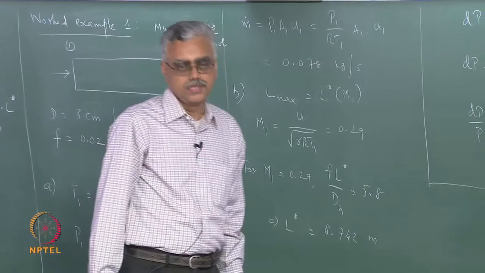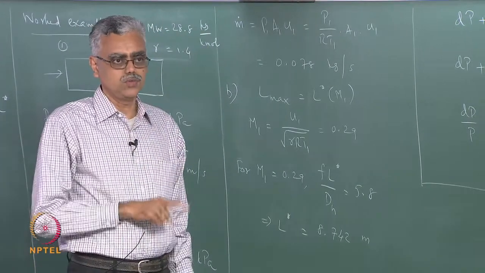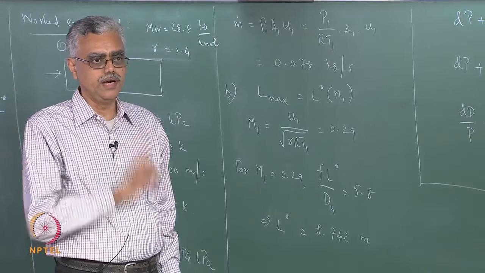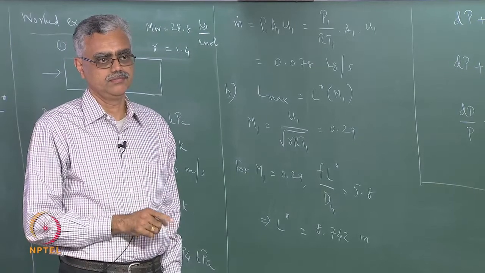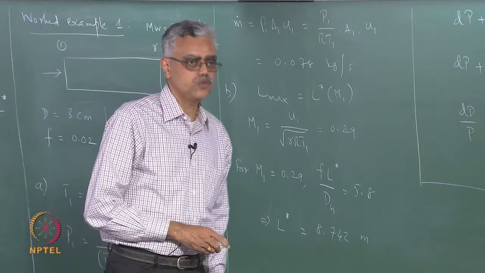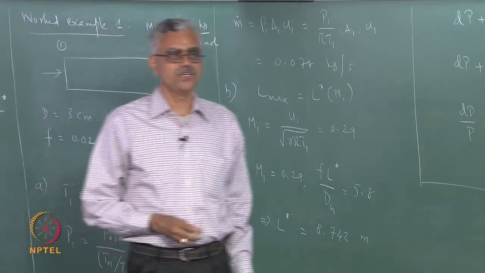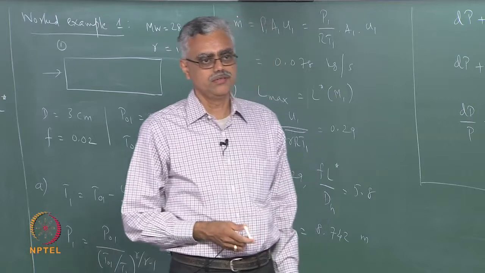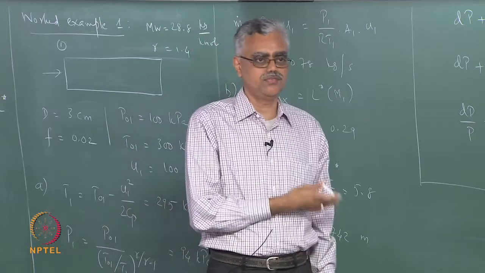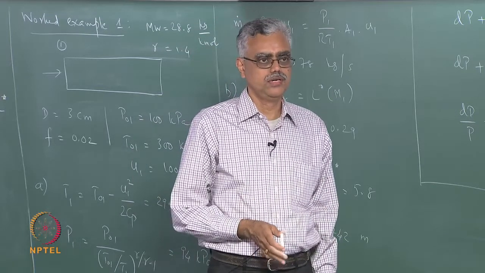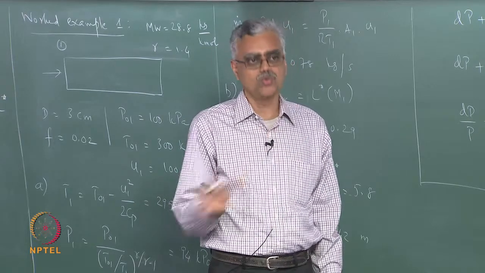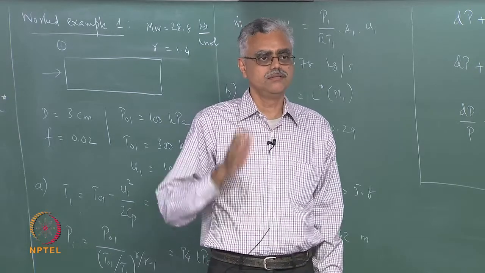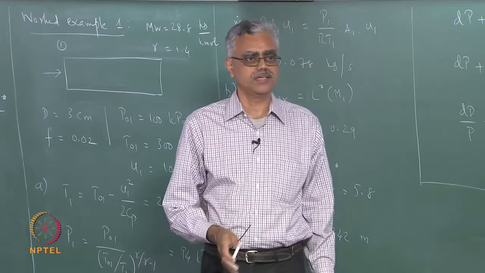Yes. So, trying to use 4 FL star by D and only F. I have consistently said throughout that we are using the Darcy friction factor. Okay. Now, in the aerospace community, they use a friction factor called Manning friction factor, which is actually off from this number by a factor of 4. But Darcy friction factor is the most widely used friction factor in connection with flow through pipes and ducts and so on.